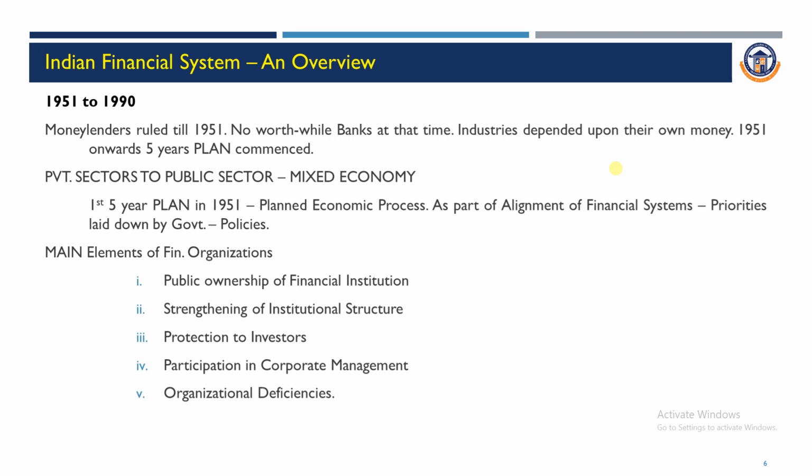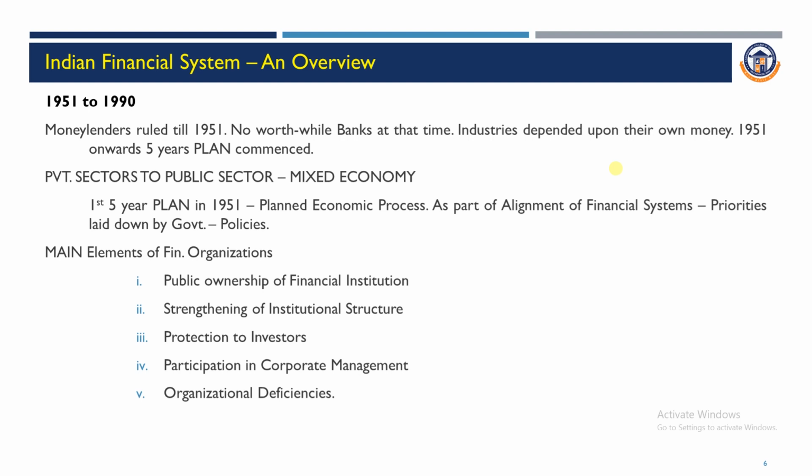The first 5-year plan in 1951 was for the planned economic process, and they wanted to have an alignment of financial systems, and the government had policies or priorities for all the mechanisms to control the markets. So they devised the main elements of financial organizations.